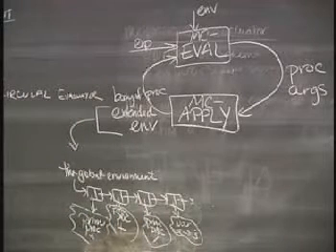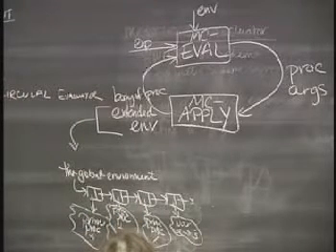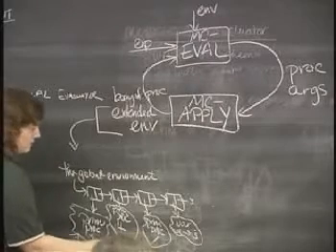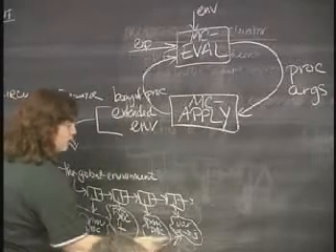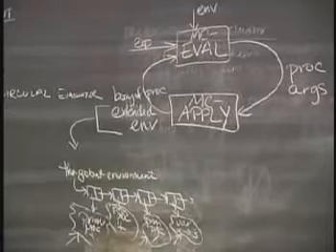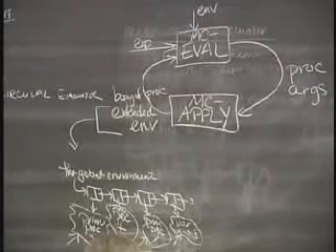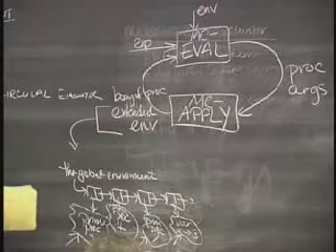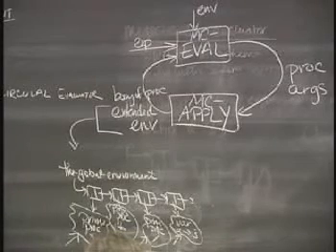So our global environment is going to be a list structure, and it's going to be a list of lists. Each of these things here in our environment are going to be lists. And this is where our bindings are going to be. So the global environment is the one that we can always see.